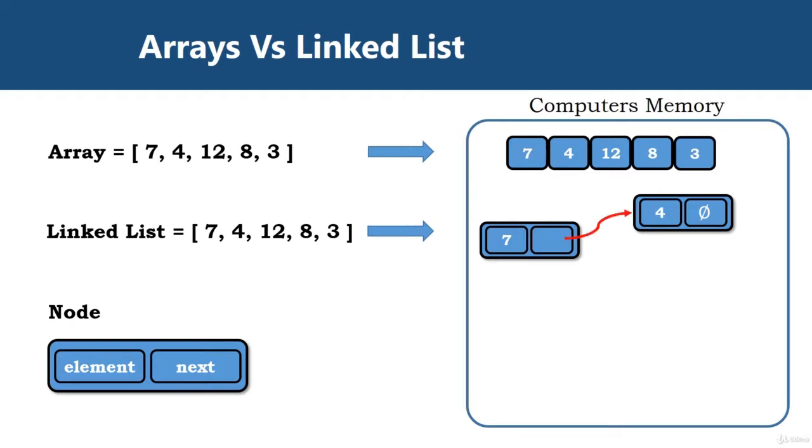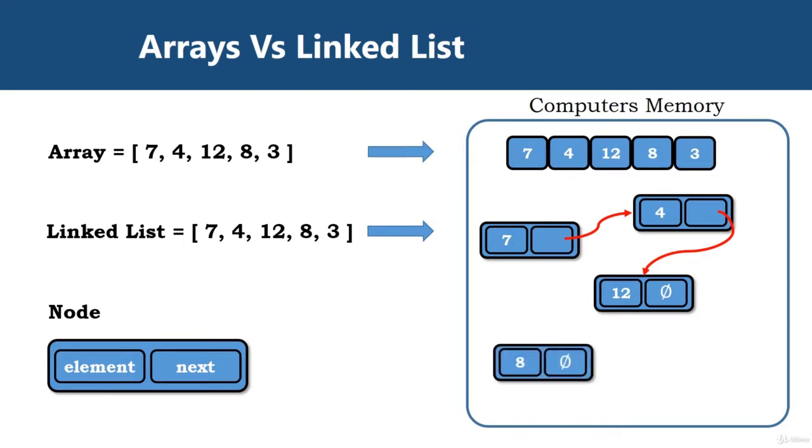And now the link from the first node, which contains element 7, is assigned to the node which contains element 4. For the third element, a new node is created in the memory with the data as 12. A link from the previous element, that is node 4, is assigned to the node which contains element 12. The same procedure is followed for the fourth element and the fifth element.